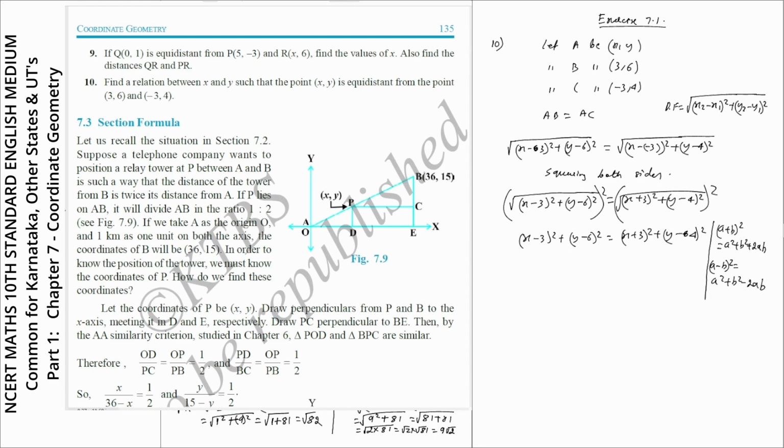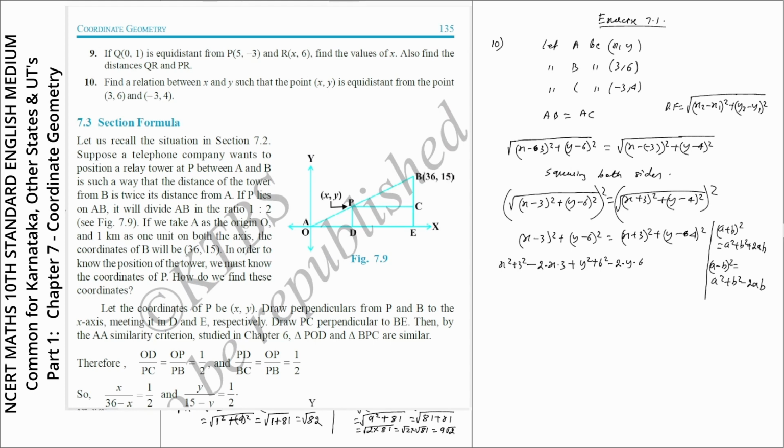So (x minus 3) the whole square is x square plus 3 square minus 2 into x into 3, plus (y minus 6) the whole square is y square plus 6 square minus 2 into y into 6.